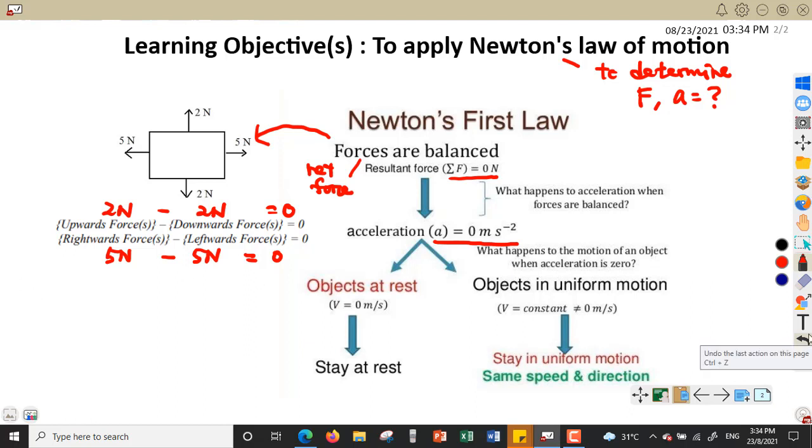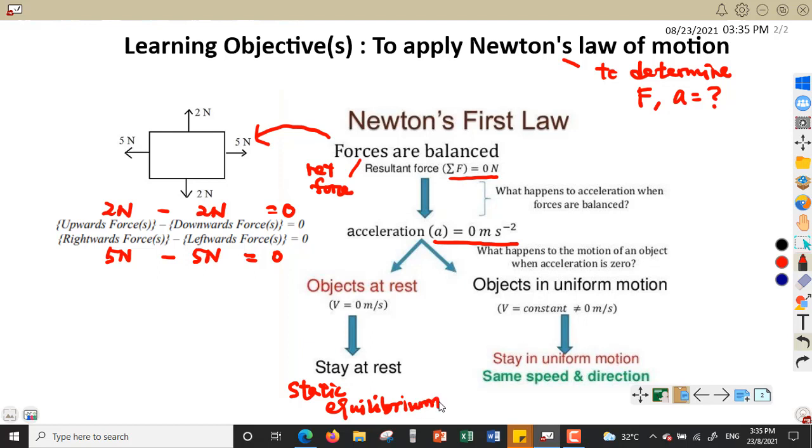It means that if the object is originally at rest, it will remain at rest. We call this static equilibrium, a special name for this situation.